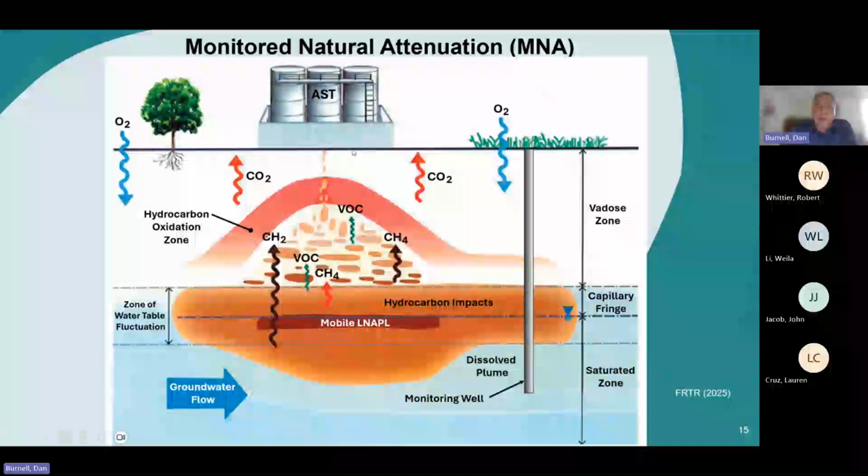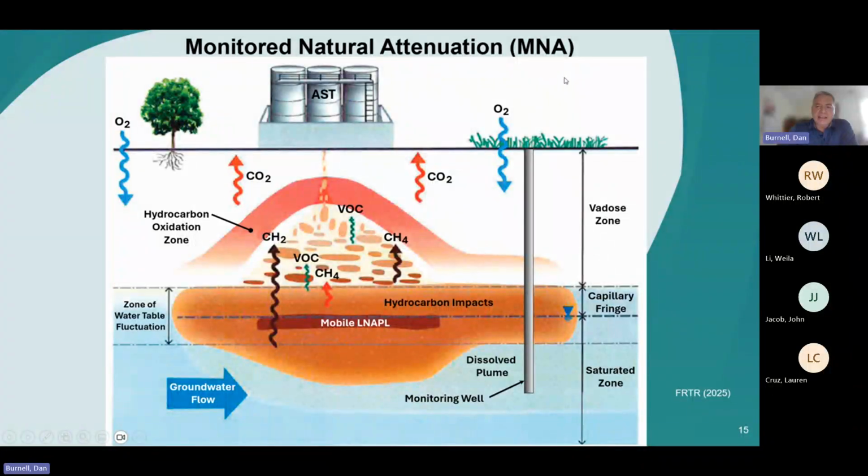Now, another remedy that can be used, and typically it's done as these other technologies tend to be reaching a point of diminishing returns, then many sites will transition to monitored natural attenuation.